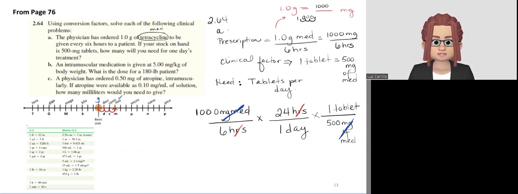And in this dimensional analysis, even though I've gone stepwise, if we take 1,000 multiplied by 24 times 1 and take that result and divide it by the multiplication of 6 times 1 times 500. Let me get my calculator.